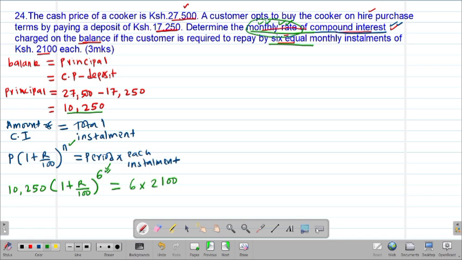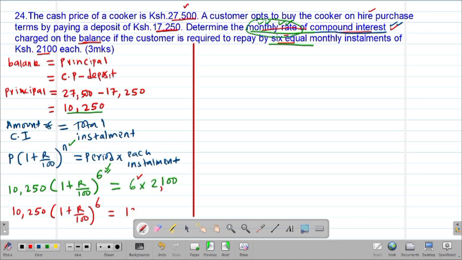So on simplification, we need to get the value of R. If you compute 6 multiplied by 2,100 on the calculator, this is going to give you 12,600 shillings.